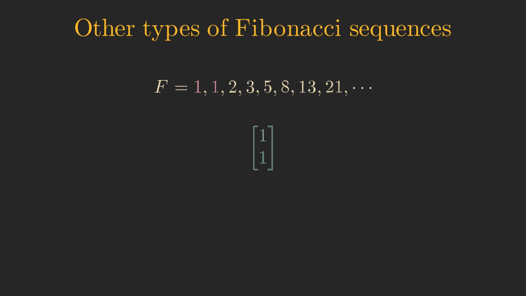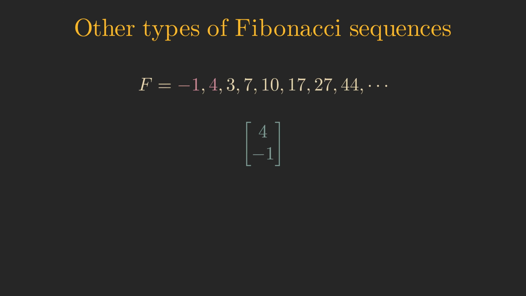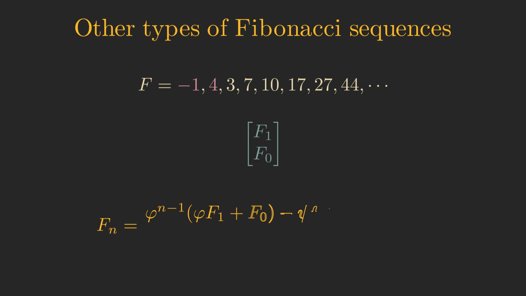For our problem, we used the vector (1, 1), since the starting conditions were 1, 1. But if the starting conditions were -1, 4, all we have to do is change the vector to (4, -1), with f1 being at the top and f0 being at the bottom. This way, we get a closed form expression for any form of the Fibonacci sequence.